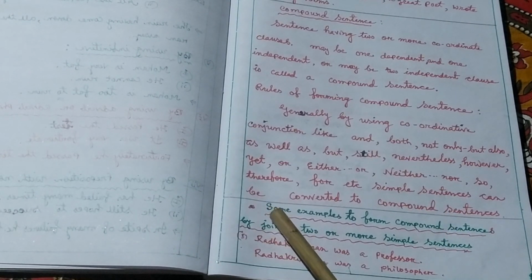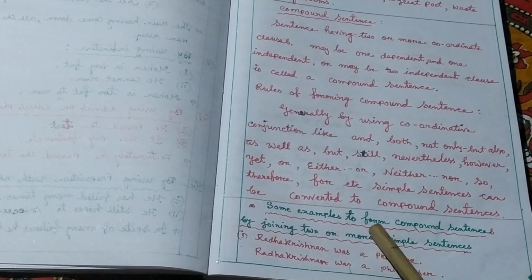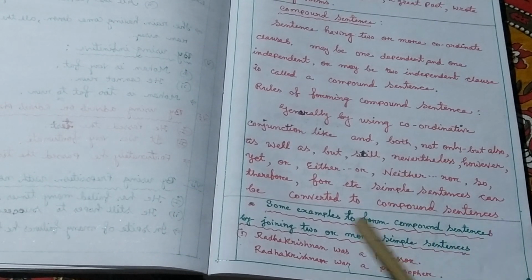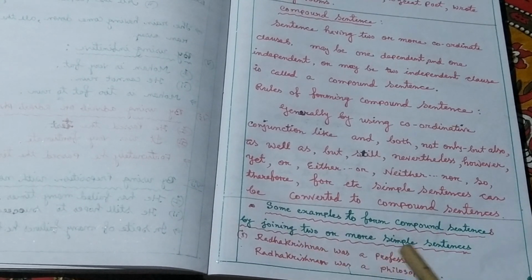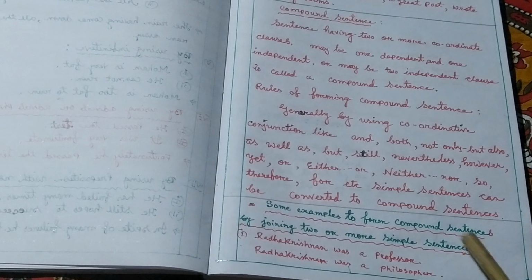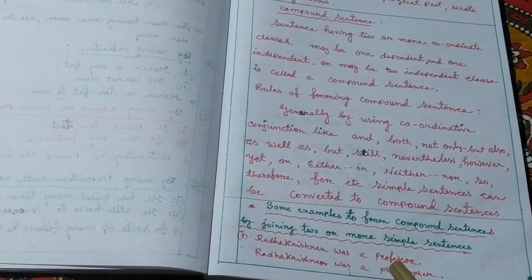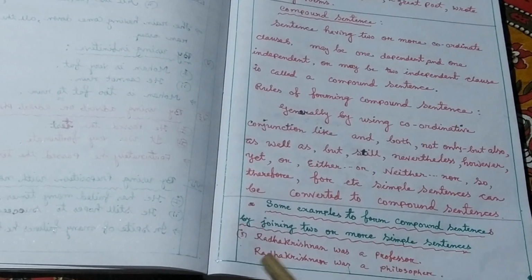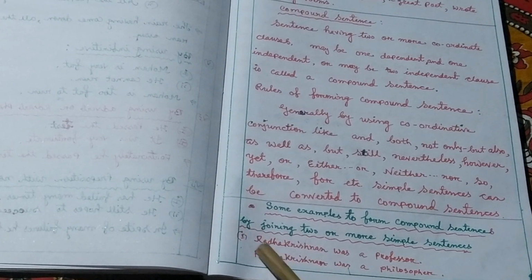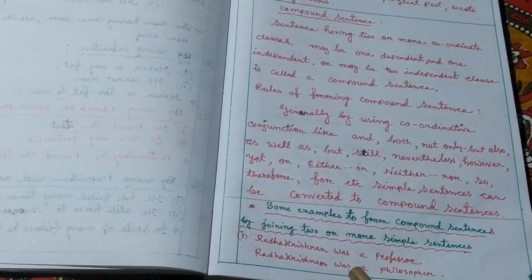So students, now some examples to form compound sentences by joining two or more simple sentences. Number 1, Radhakrishnan was a professor. Second sentence of number 1, Radhakrishnan was a philosopher.